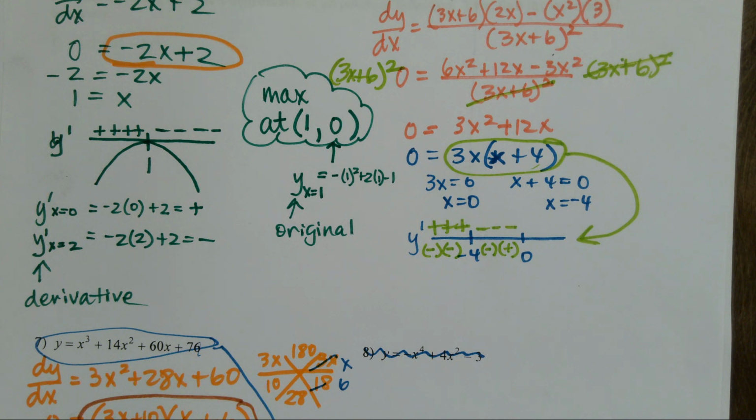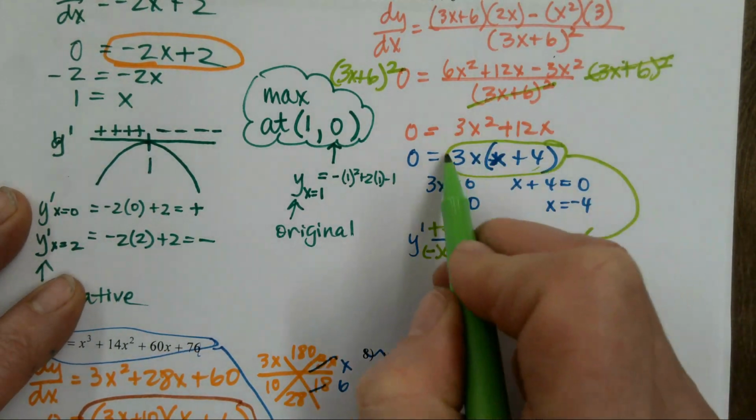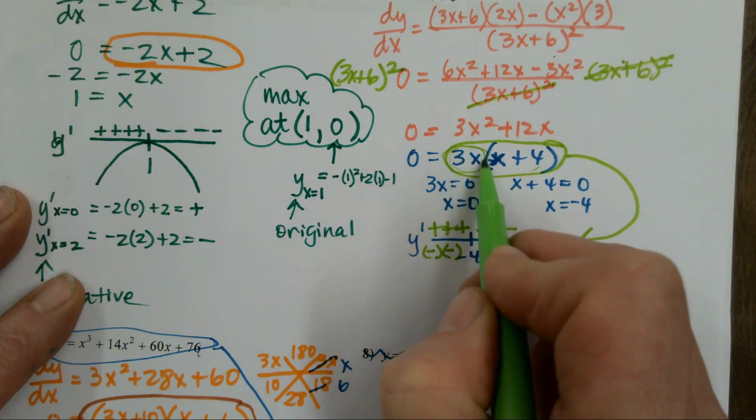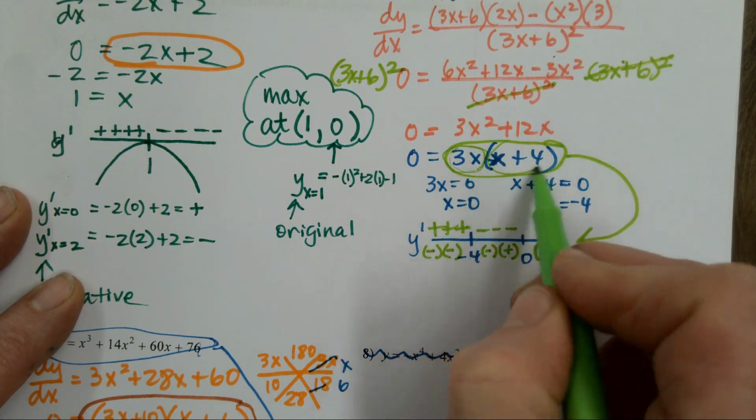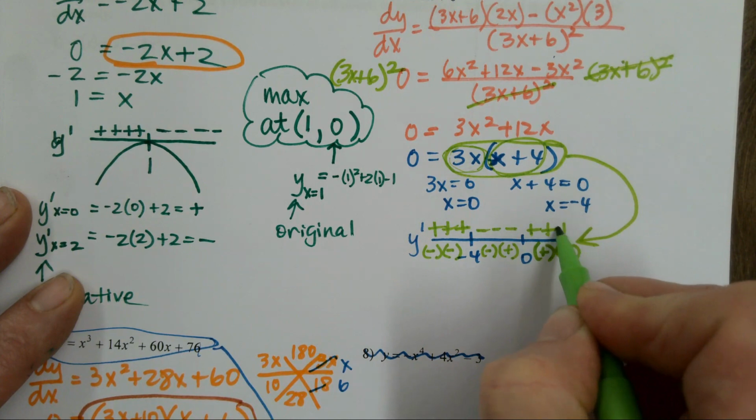So now I'm going to do the last part. I need to pick a value to the right of 0, and that is 1. When I put positive 1 in here, I get a positive, and in the other factor I get another positive, and that is a positive region.